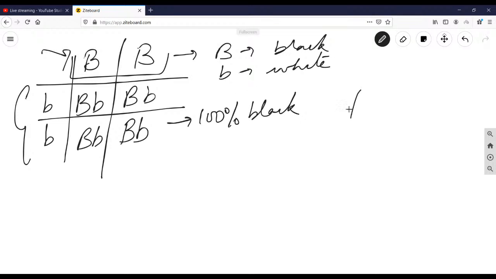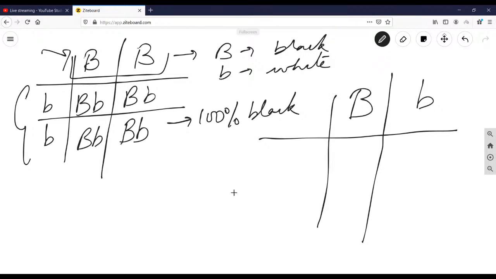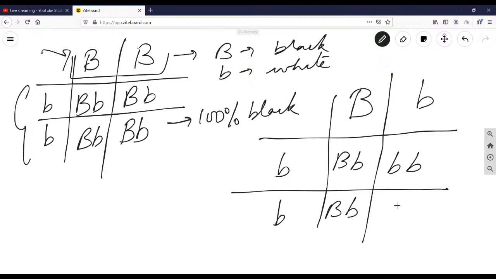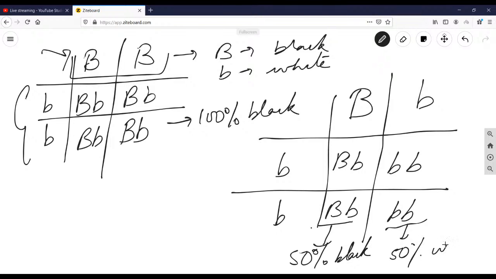Next, suppose the individual has capital B, small b, the heterozygous condition. I am mating him or her with, again, an individual with the homozygous recessive trait. Then what I get is capital B small b, small b small b, capital B small b, small b small b. So 50% I'm getting black phenotype and 50% white.